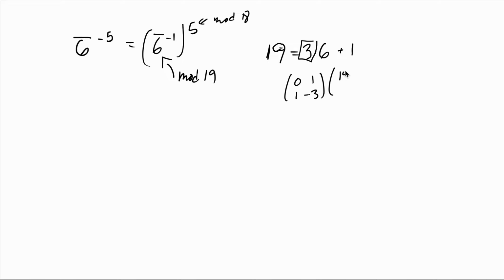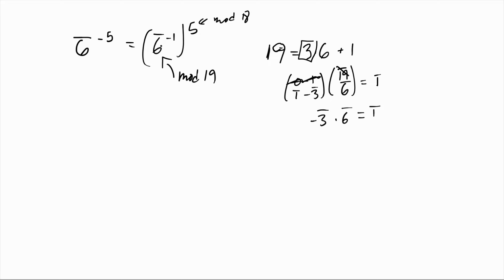And if you multiply that to 19, 6, but get rid of that row, you're going to get a 1, and this is actually in bars, because we're working mod 19 here. So modding out by 19, notice this computation: a 0 bar is paired with that 1 bar. We get -3 bar times 6 bar is 1 bar, which tells us that the multiplicative inverse of 6 bar mod 19 is -3 bar.